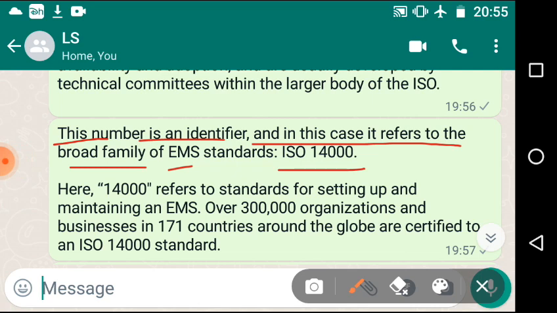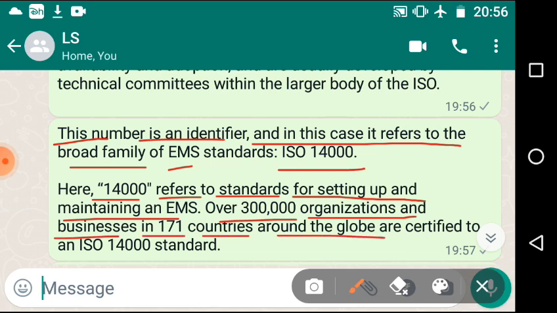ISO 14000 is mainly based on the EMS, the environmental management system, and also environmental auditing. These are the two things the ISO 14000 family works on, and inside ISO 14000 there are also other environmental standards like ISO 14001, ISO 14002, in this way.